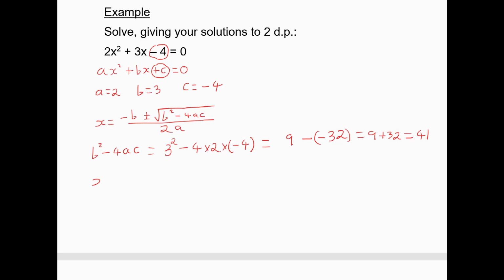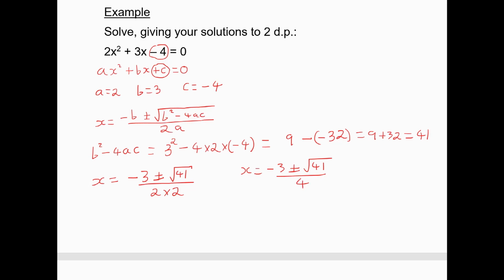I can now write down that x is going to be minus b, so minus 3, plus or minus the square root of 41 over 2a, which is 2 times 2. So x is going to be minus 3 plus or minus the square root of 41 over 4.